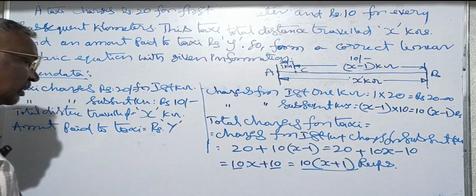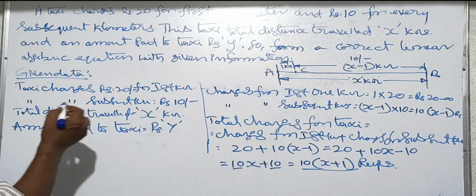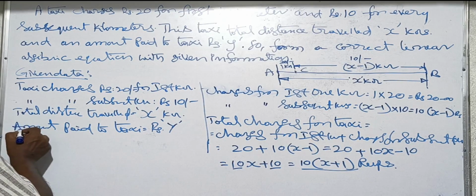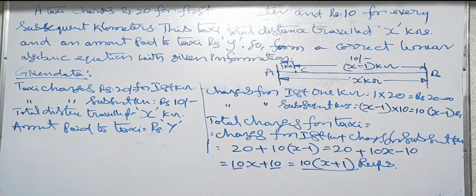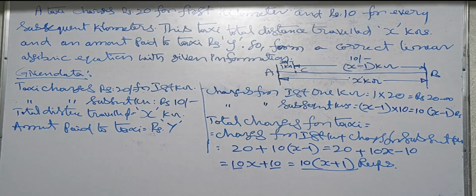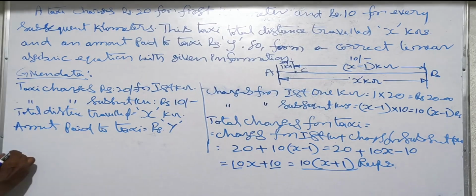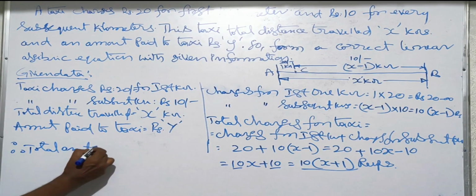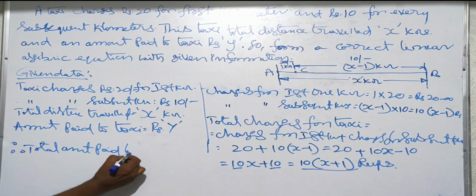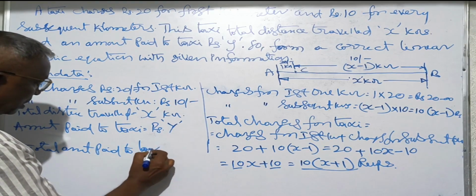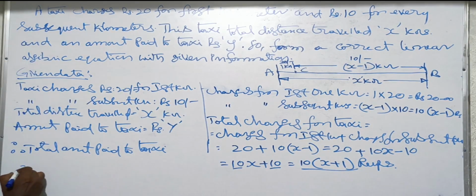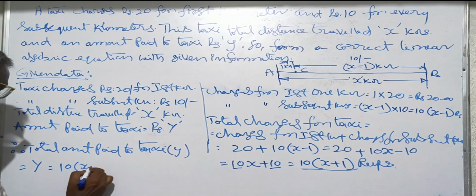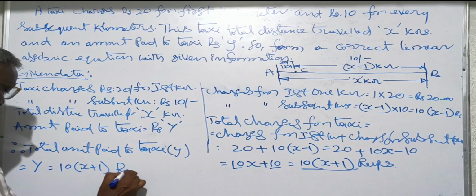What is the total charges paid to the taxi? The amount paid to the taxi is equal to y. So therefore the total amount paid to the taxi is y, which is equal to 10 into x plus 1 rupees.